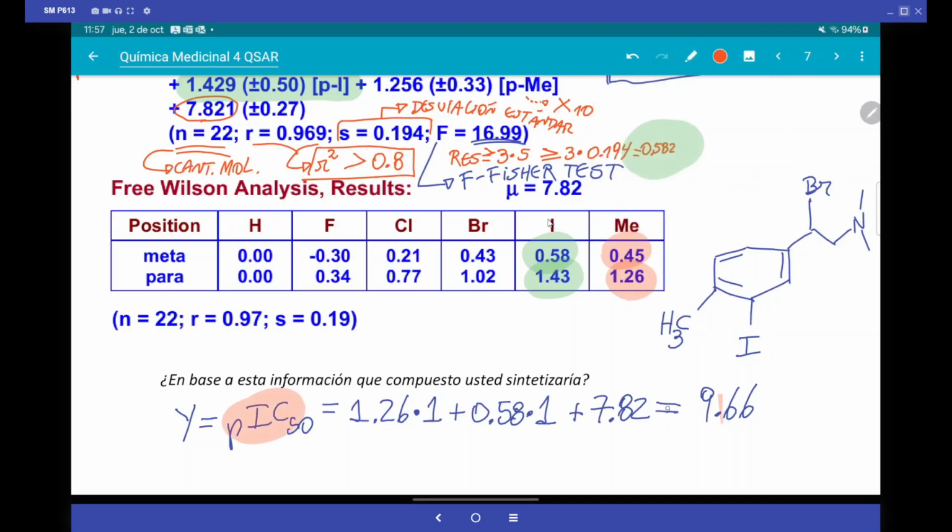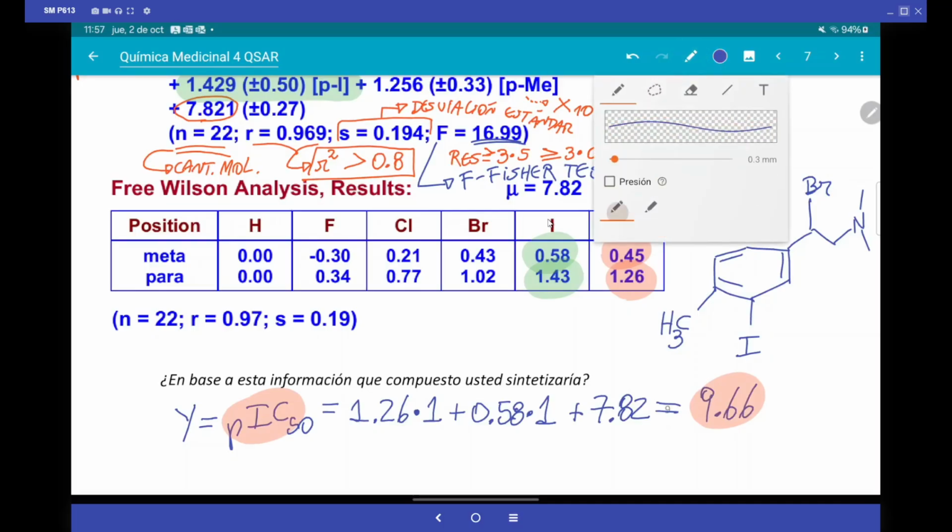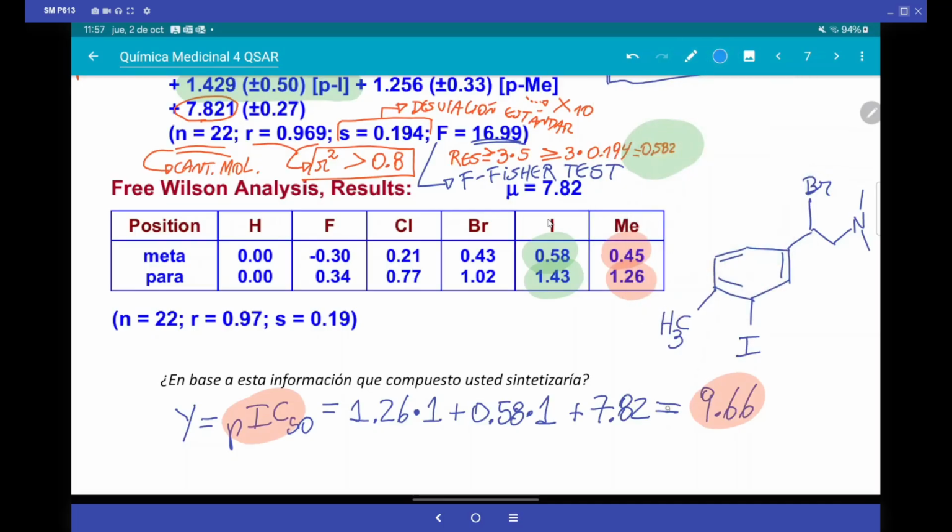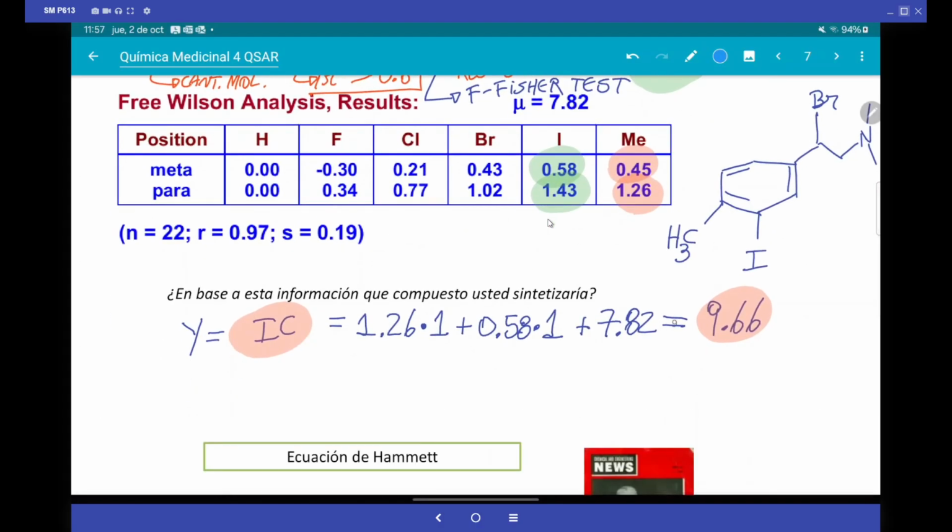Then we are going to go now to what would be the value of IC50. Well, the value of pIC50 means that the negative logarithm of the IC50 is equal to 9.66.